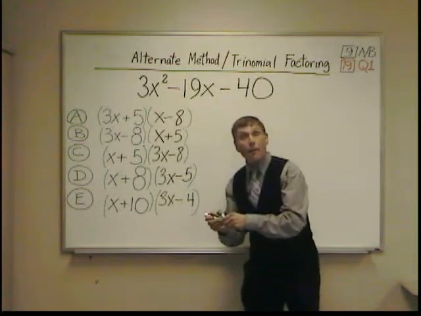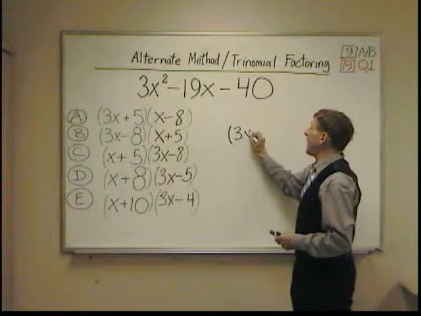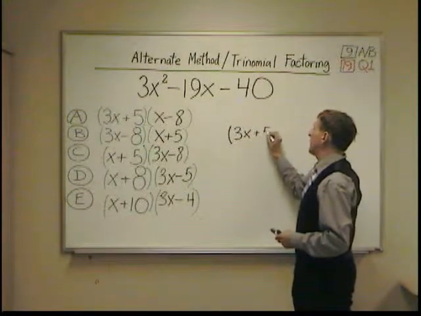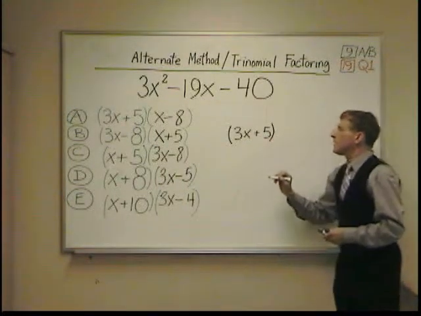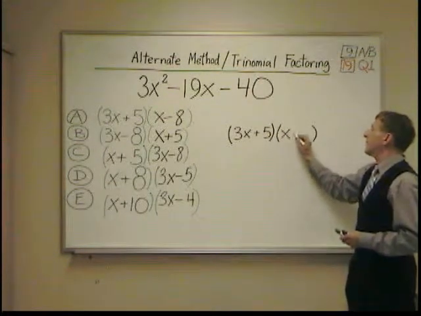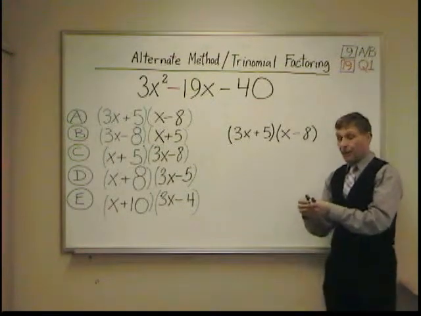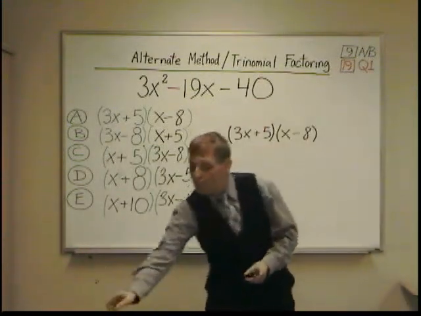So let's look at A. I'm going to FOIL A. I have 3x plus 5, and I have x minus 8. And now I'm going to FOIL. Remember the rules of FOIL.